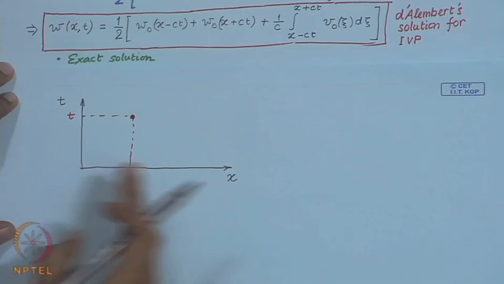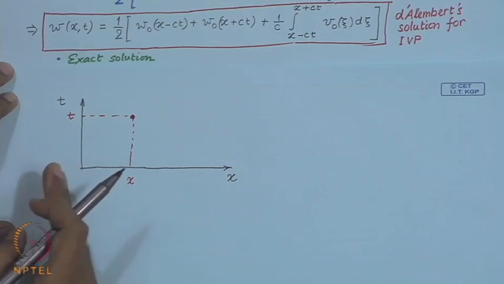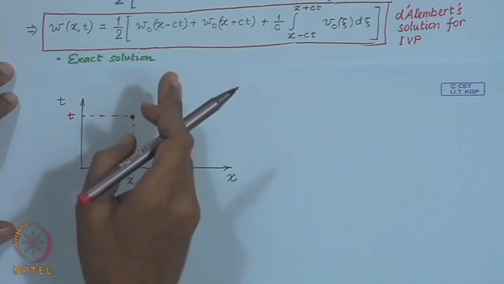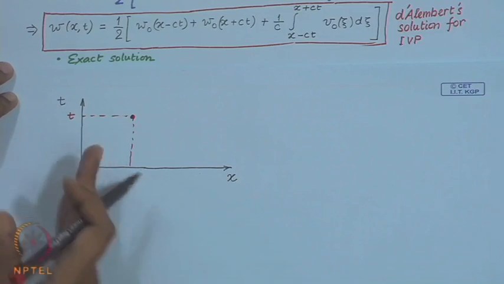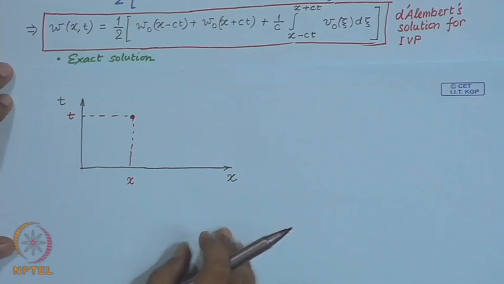Now, in the space time diagram, the positive travelling wave moves along the characteristics, the positive characteristics of the wave.